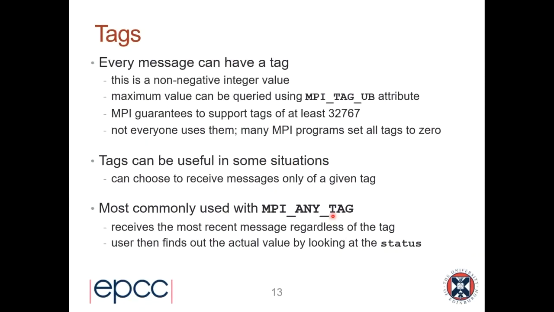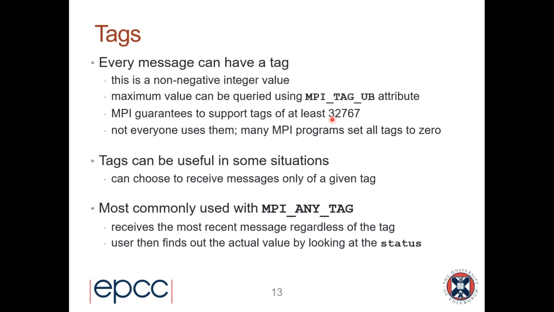So user tags have to be non-negative, and it allows the system to specify these special values. It's slightly complicated. MPI guarantees support for tags of at least 32767, which is 2 to the something minus 1, isn't it? In practice, most implementations allow much larger tags than that, but they cannot be arbitrarily large.